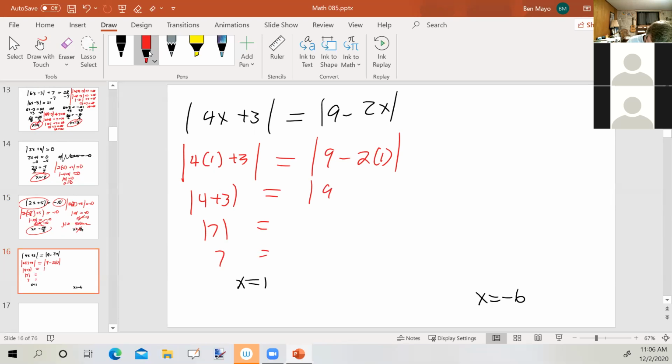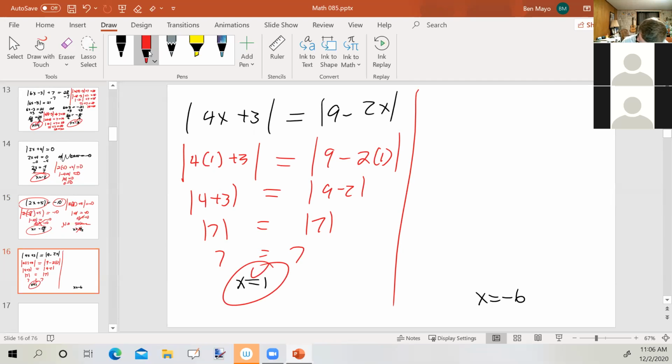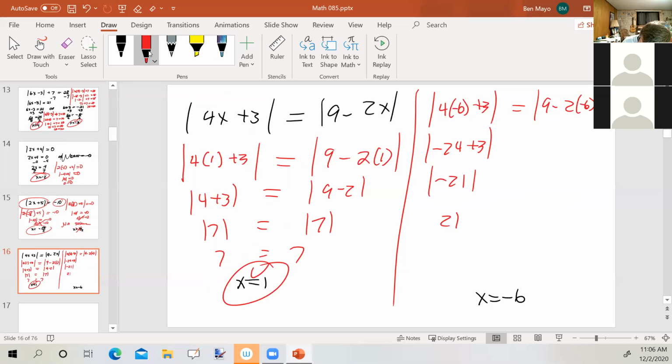This would be 9 minus 2, 7. So that one works. Okay, x equals negative 6. 4 times negative 6 plus 3, 9 minus 2 times negative 6. Negative 24 plus 3, negative 21, 21, and here 9 plus 12, oops, 21, 21, it checks. All right.